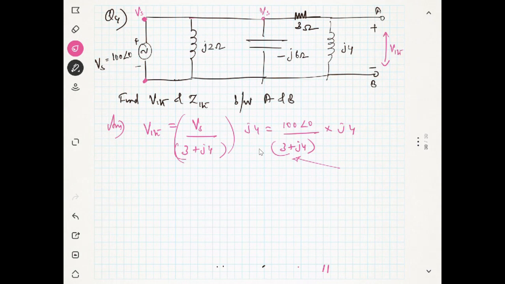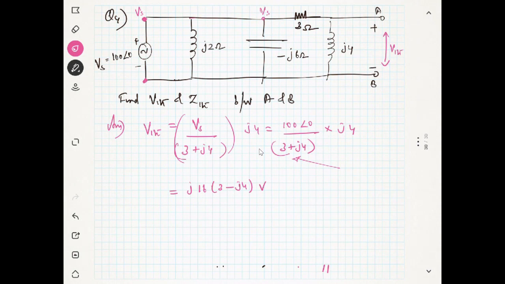I am not going to solve the complete problem, I just give only the idea. So you can get this answer as J into 16 into 3 minus J4, this much volt.